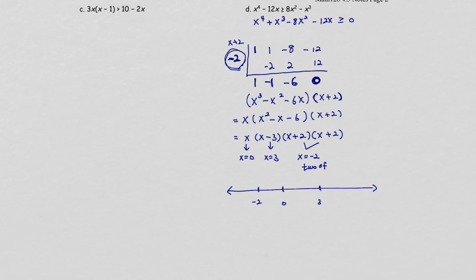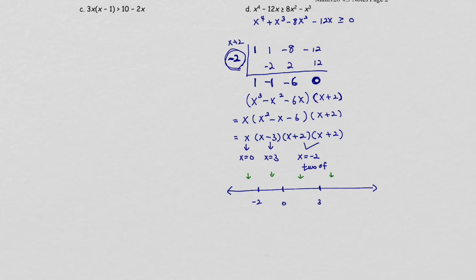So when we're trying these 4 different areas, in this case, because you have 2 of negative 2, if this one worked, this is going to work also. If you have 1 of the solution, if this one worked, the next area should not work if you have 1 of the value. But because you have 2 of negative 2, it will continue. Whatever this area is will continue on the other area.